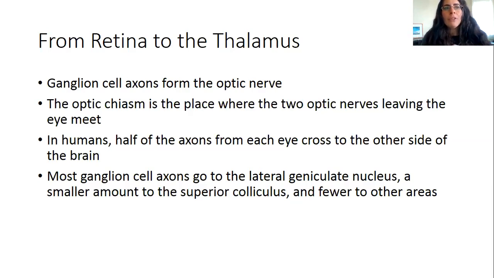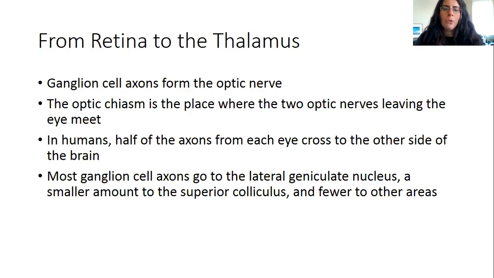But other sensory information goes to different parts of the thalamus, and then the thalamus relays that information to the proper processing area. So the LGN, lateral geniculate nucleus, is a portion of the thalamus, the sensory relay station. That's where most ganglion cell axons go.